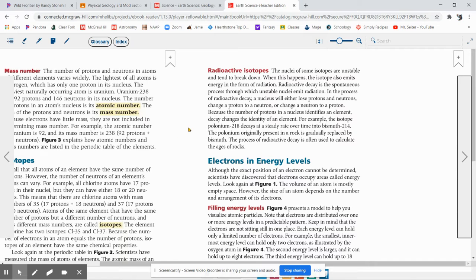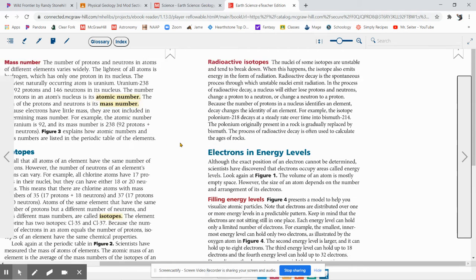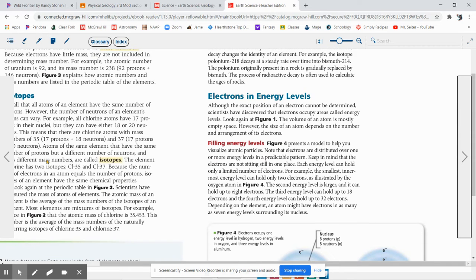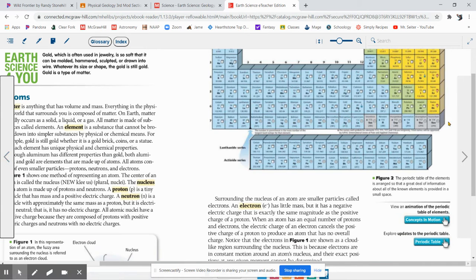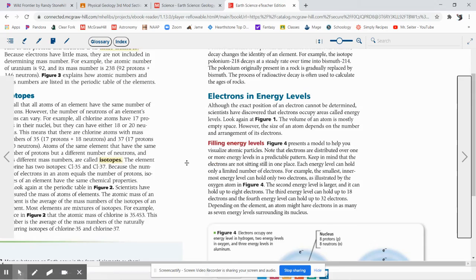Atomic number, atomic mass, all this can be found on the periodic table. Remember, your atomic mass is in AMUs, atomic mass units. The mass number can also be found there, and an interactive periodic table online is great.